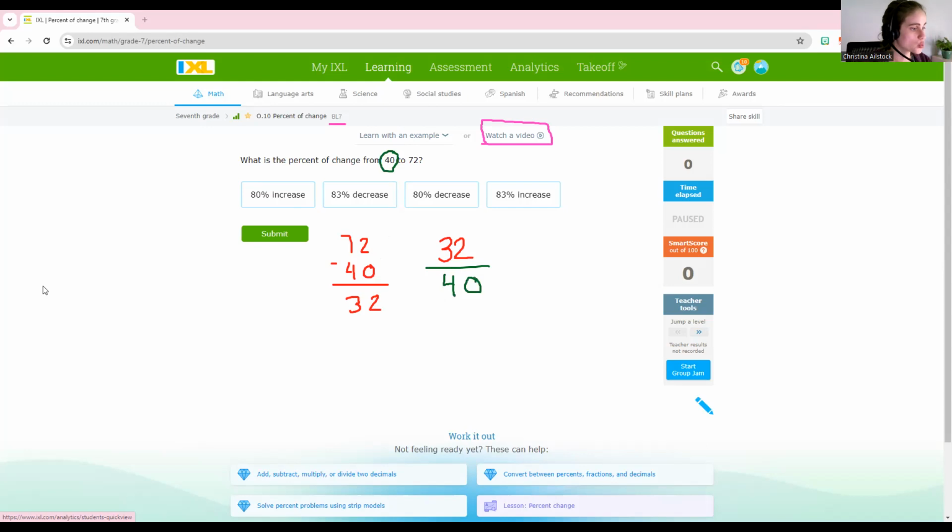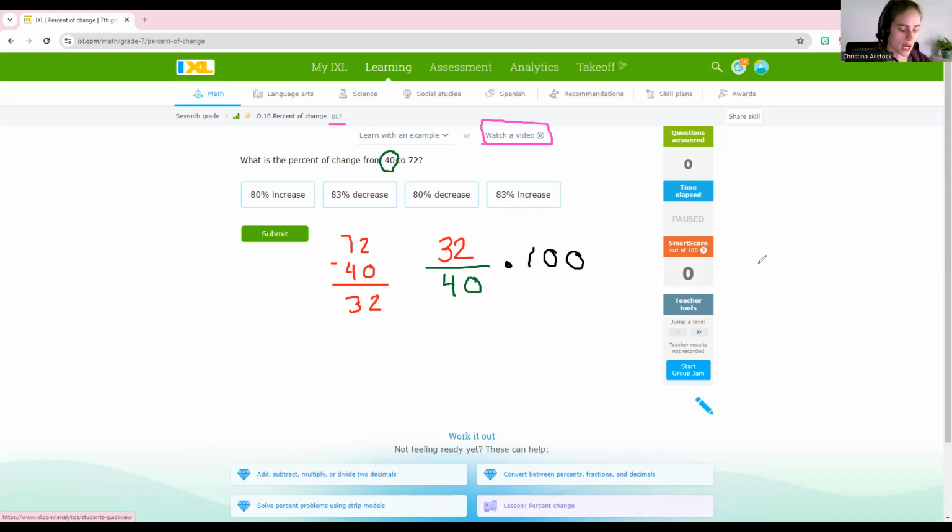And then after we do that division, because we want our answer as a percent, we will end up multiplying by 100. So first step is we need to divide, because in order of operations, division and multiplication, when you get to that step, you work from left to right. So we'll divide first and then multiply.